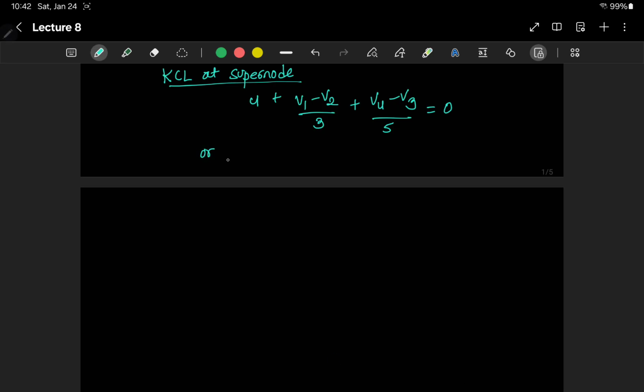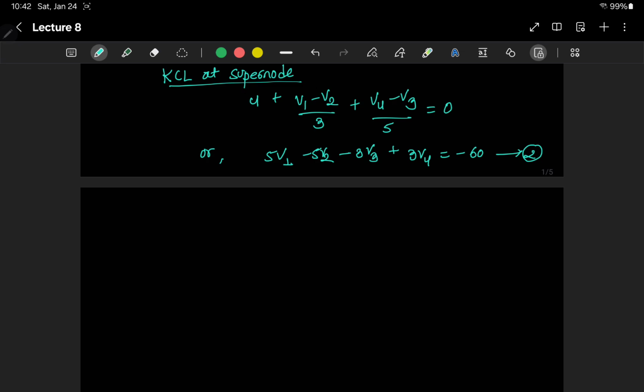This will give us 5V1 minus 5V2 minus 3V3 plus 3V4 is equal to minus 60. So that will be our equation 2.